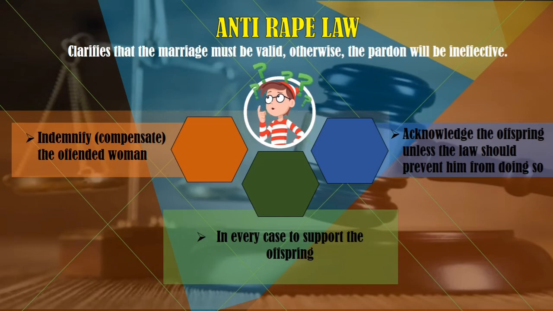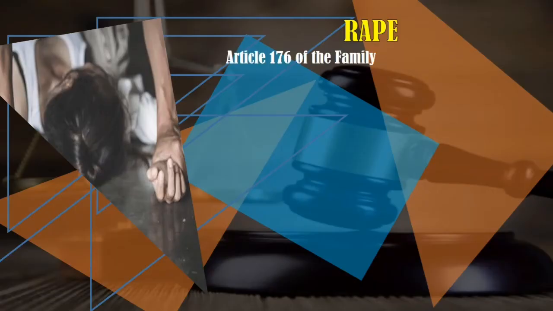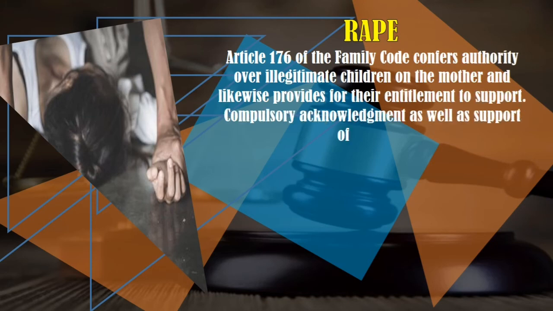Now, class, in the case of rape, Article 176 of the Family Code confers authority over illegitimate children on the mother and likewise provides for their entitlement to support. And in addition, compulsory acknowledgement as well as support of the child is indeed proper, there being no legal impediment in doing so, as it appears that complainant and appellant are both single.